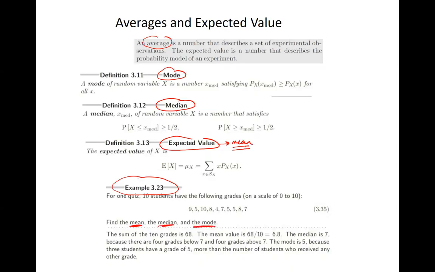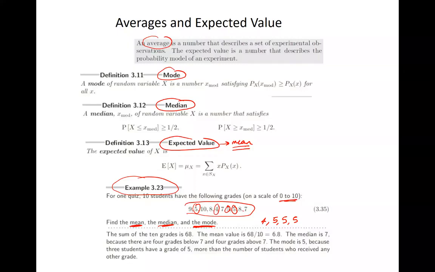Here we got the quiz result. I got 10 students, and the grades are here on a scale of 0 to 10. So I can put them in order. Let's say 1, 5 here, so 5, another 5, and another 5. Okay. And I got 4, I'm sorry, here first.